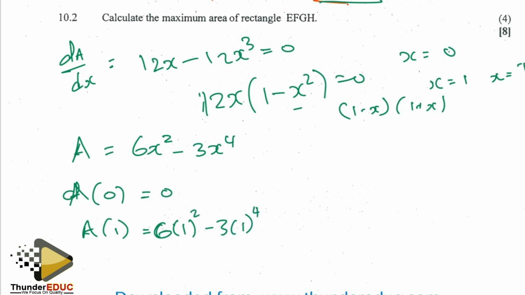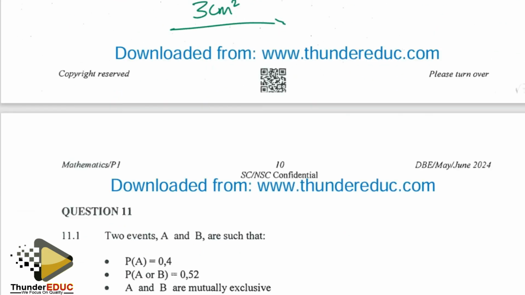Those are just going to be 1s, so that's going to be 3 units. Now they talked about centimeters, so let me call them 3 centimeters squared. If I use the negative sign as well, I'm going to end up with the same thing. So my maximum area is just 3 centimeters squared.